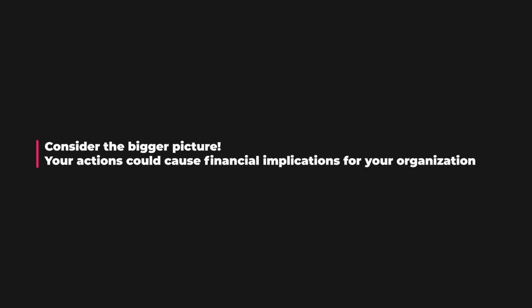Consider the bigger picture. Be mindful of any additional access you provide within your instance, as your actions could cause financial implications for your organization depending on the change made. Secure tables with ACLs. It's recommended to have at least one read, write, create, and delete ACL per table.